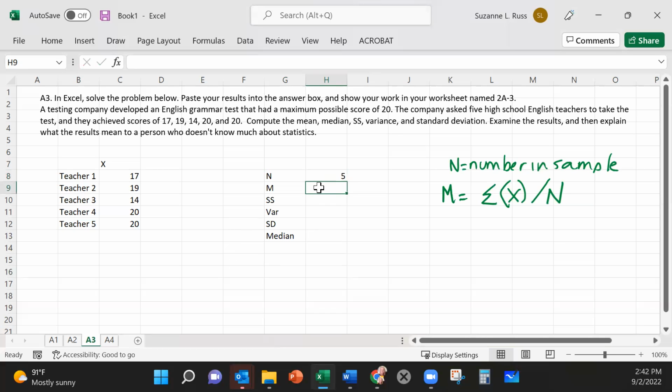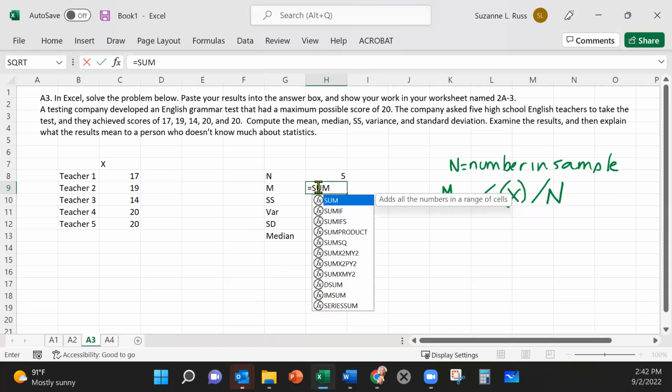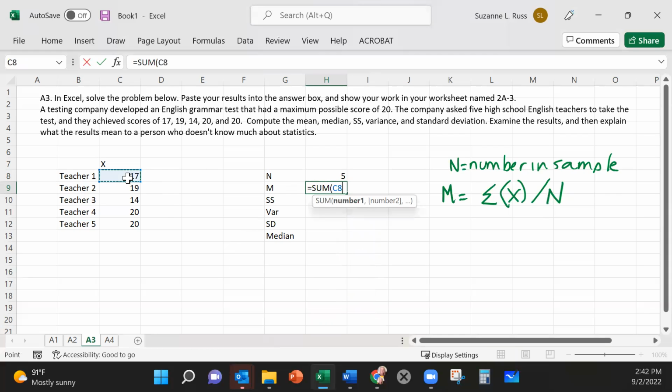The mean equals the sum of all of these scores, C8 through C12. I'll put the closing parenthesis and divide by that 5, or N. I'll just write 5 in here.